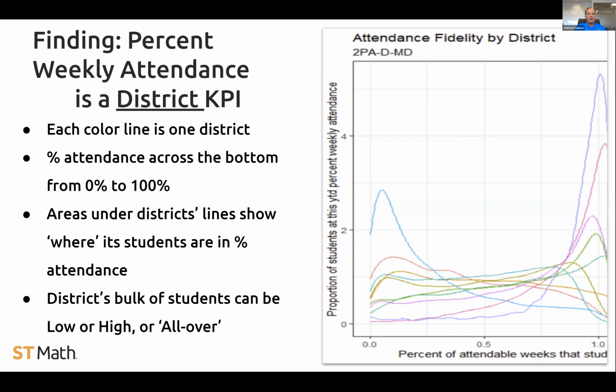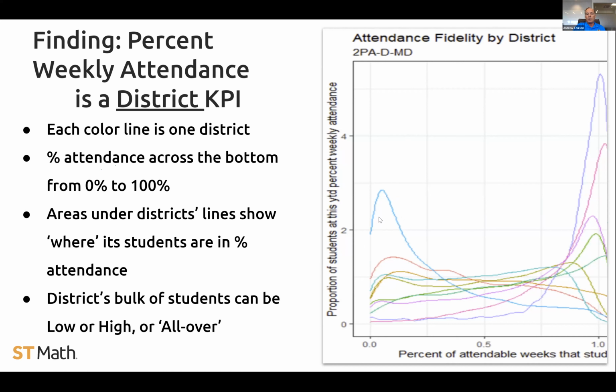And this chart here, in data land, is called a density plot. It's kind of like a histogram, but smoothed out. Each one of those lines is a district, and the area underneath the line shows how many students, and where the peaks are shows where the bulk of their students are. You can see that peak on the left, the highest spot for this blue colored curve, that means lots of students.